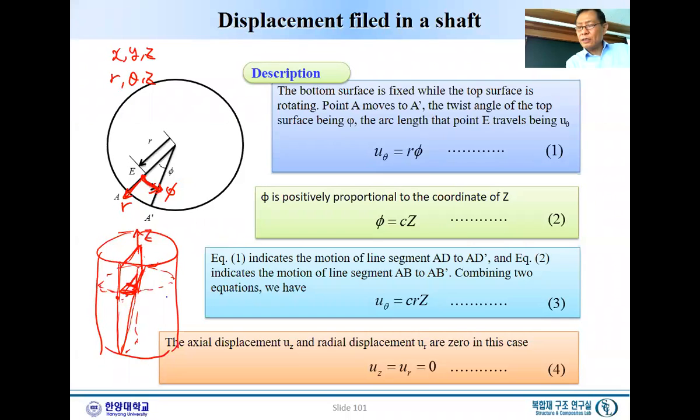Z is along this axis. So r, phi, z is a very important coordinate. And notice that on each line we have another r and another phi, so the coordinates change depending on the position.